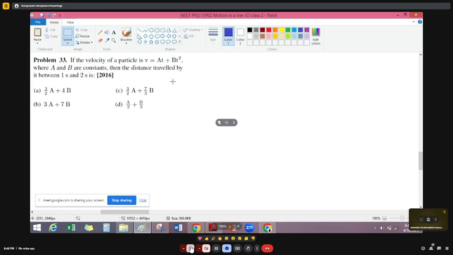Yeah. Vedant, you still don't know the concept? v is equal to at plus bt square, isn't it? So if you want acceleration, it is dv by dt, which means a plus 2bt.